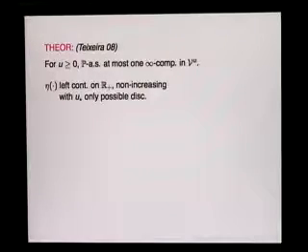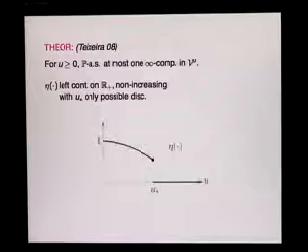And as a consequence of that, the function eta that I mentioned before, this probability of having a connection from 0 to infinity, is left continuous, non-increasing, with only one possible discontinuity at u star. So it's something that looks like this.